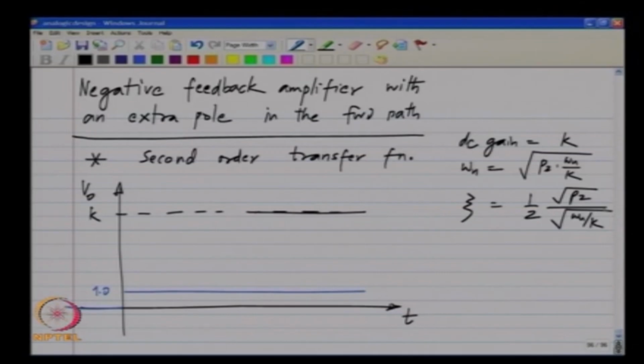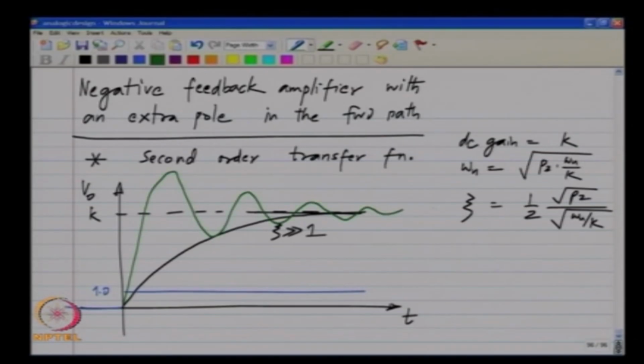Now, exactly how it gets there is determined by the damping factor. If the damping factor is much more than 1, then you get a very slow sluggish response like that, and if the damping factor is much less than 1, you will get a response that overshoots and undershoots and rings a lot and goes that way.